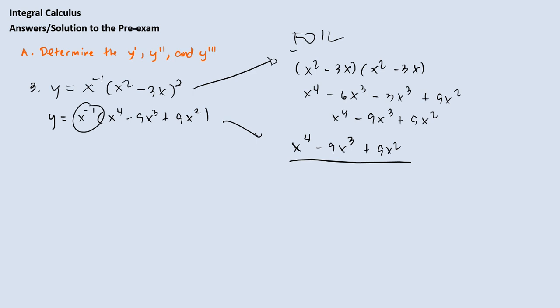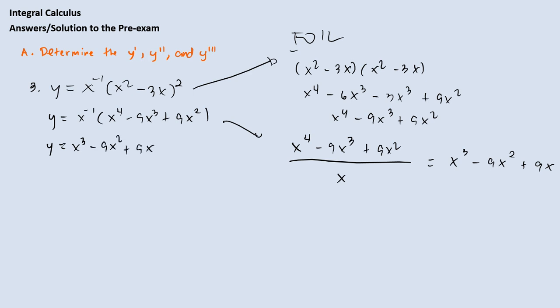If you have a negative exponent on the top, you can bring it down, so you can do the cancellation here. So y is x cubed minus 9x squared plus 9x.